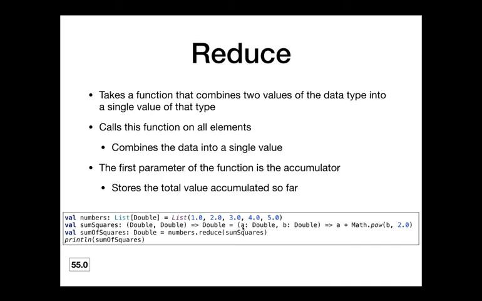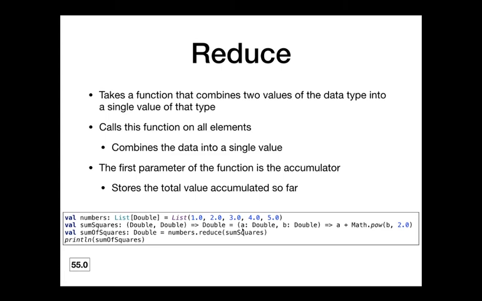The function that we give it, I should have named these something other than A and B. In the polynomial example, I named them better. But this first parameter, whatever parameter is the first one, is going to be your accumulator variable.